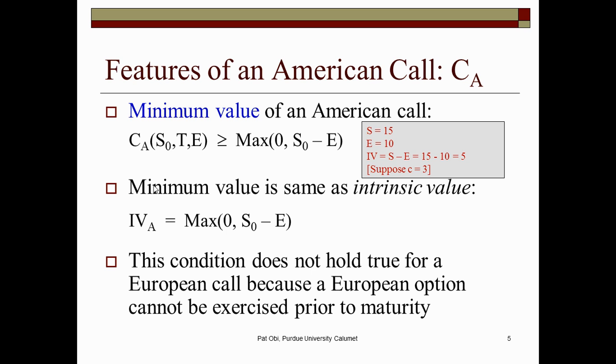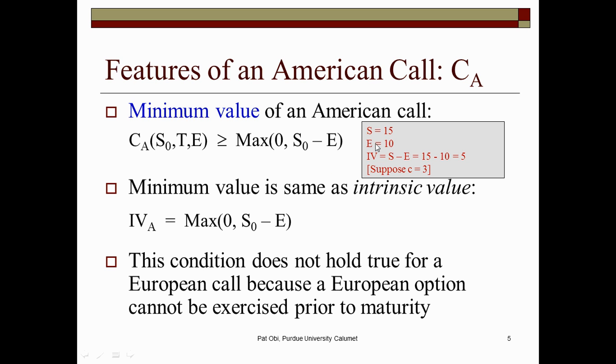For example, we can speak of the minimum value of an American option, which really is the same as the option's intrinsic value. We show here again that the minimum value would be the greater of 0 if the option is out of the money, or S minus E if the option is in the money, and therefore an option's value cannot be less than 0.